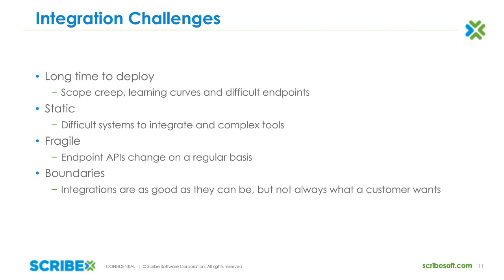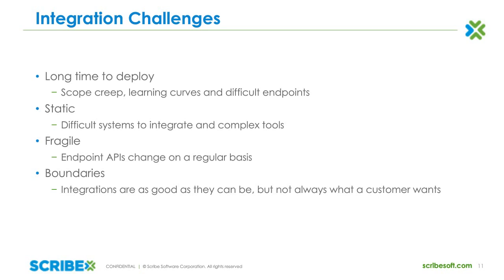More endpoints get added, and you want more fields integrated. We also find that integration today is pretty static because these systems are so difficult and APIs are hard to understand. So when you're thinking about an approach to integration, how can you create an agile integration that changes over time and is easy to manage?